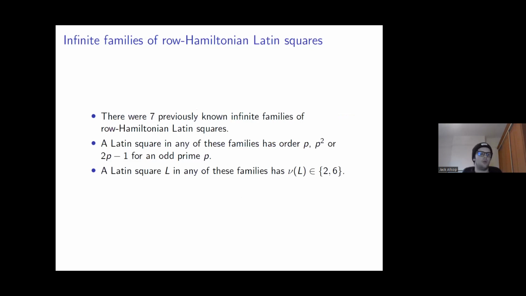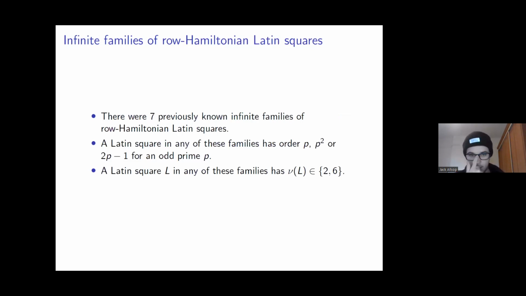And it's known that n by n Row-Hamiltonian Latin squares can only exist when n is 2 or n is odd. And it's conjectured that Row-Hamiltonian Latin squares exist for all odd orders. But we're way off proving that. There were only 7 previously known infinite families of Row-Hamiltonian Latin squares.